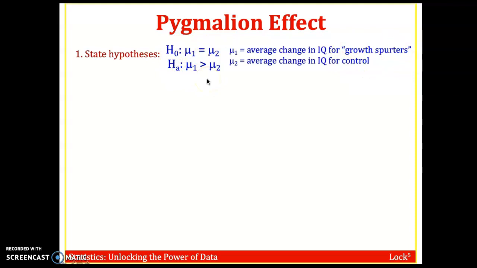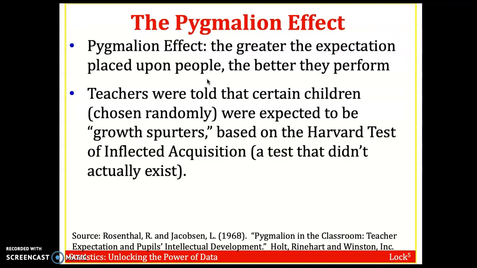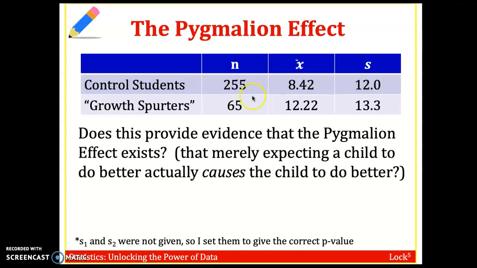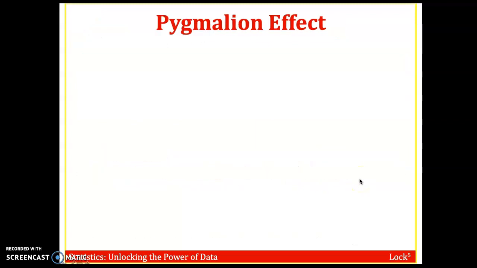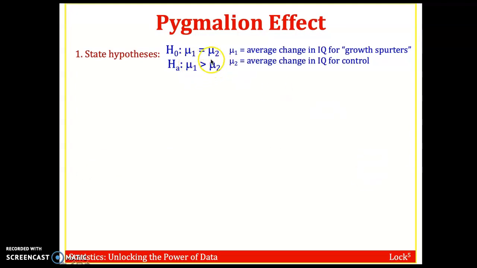So we want to test, we'll go back. Does this provide evidence that the Pygmalion effect exists, that expecting a child to grow actually causes the child to be better? So for the alternative hypothesis, we're going to assume that the average change in growth is greater for the growth spurter group.